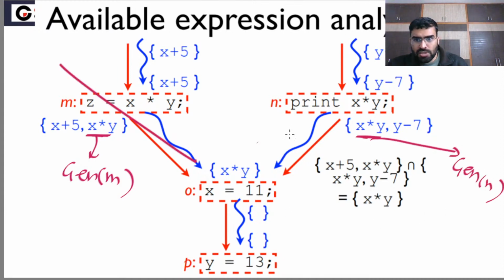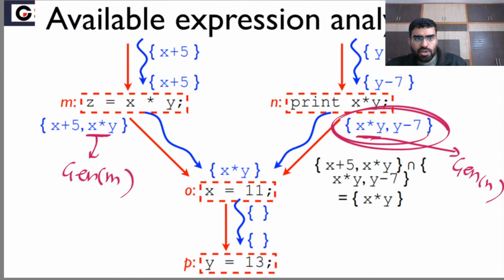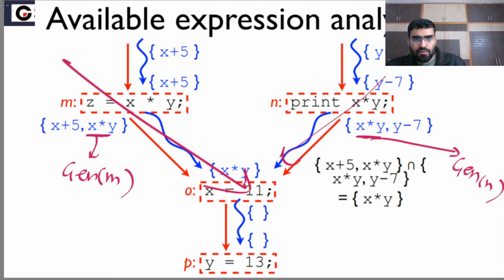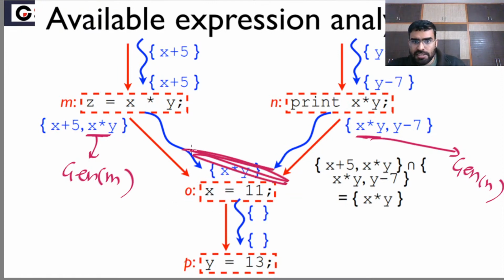Now you can notice you are coming from here and you are coming from here. Then what do you have to do? You have to do intersection of this and this. What is the intersection? That is x into y. So you are coming from here, you are coming from here, then you have to do intersection, correct? Yes or no? Then because of this statement, this is killed, so finally this is empty.